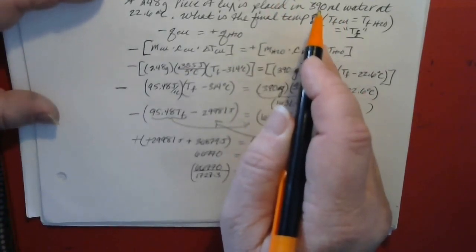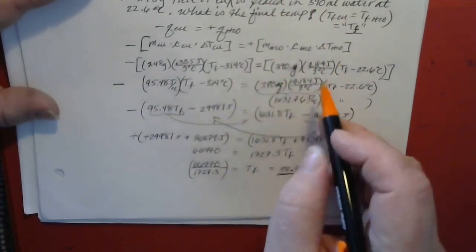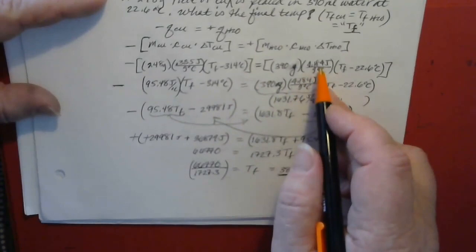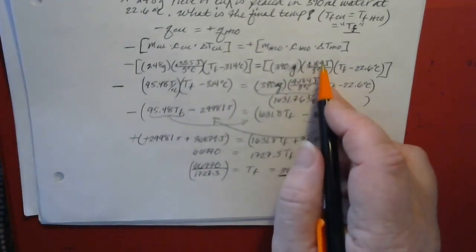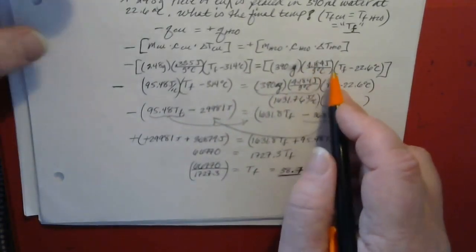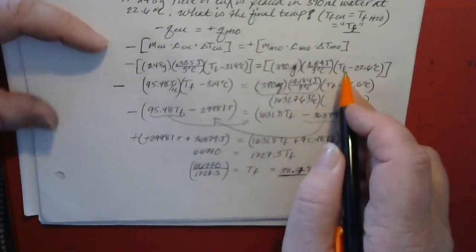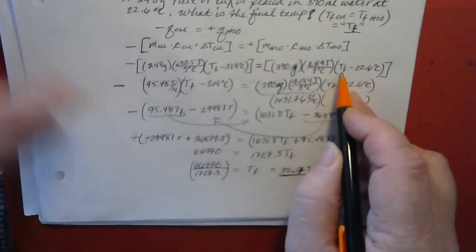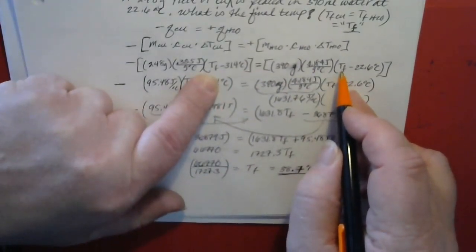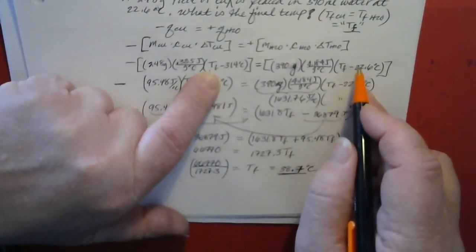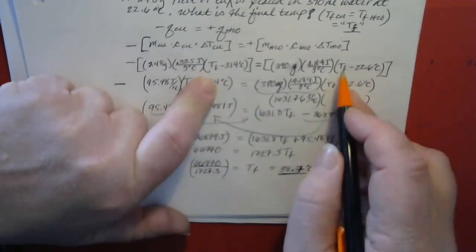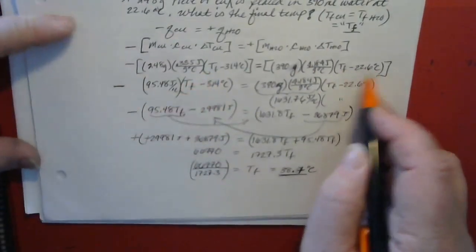So water, that means 390 grams, times specific heat of water, which is 4.184 joules per gram degree Celsius, times the temperature change for water, which again will be final minus initial. We don't know the final temperature, but we're calling it TF. And the initial temperature of the water was 22.6. So TF minus 22.6.